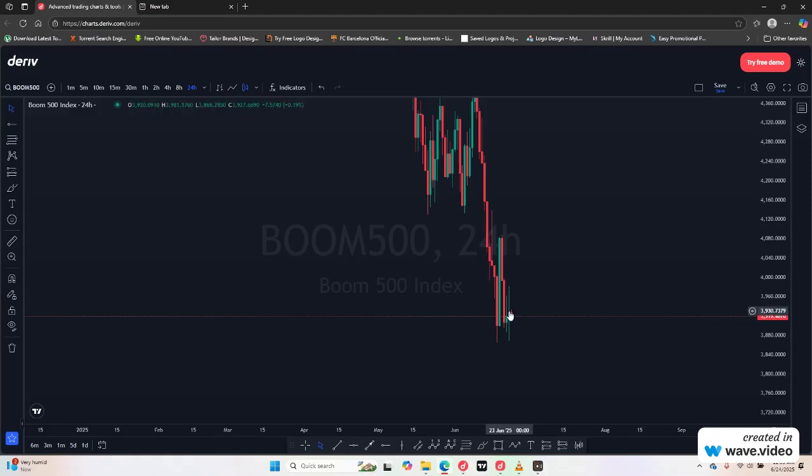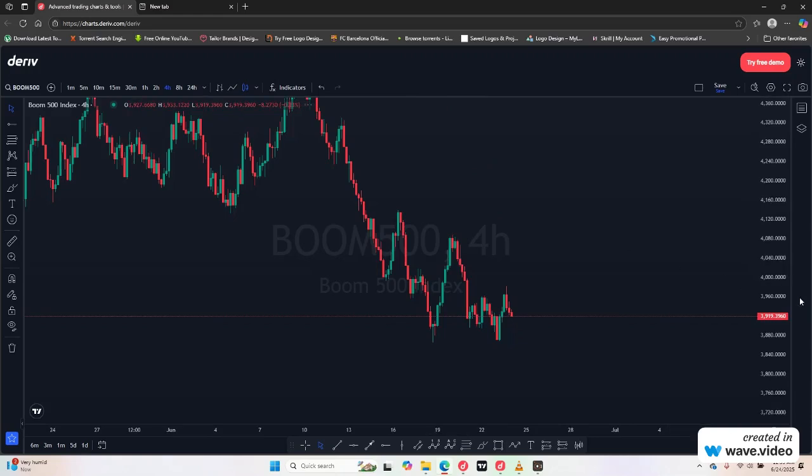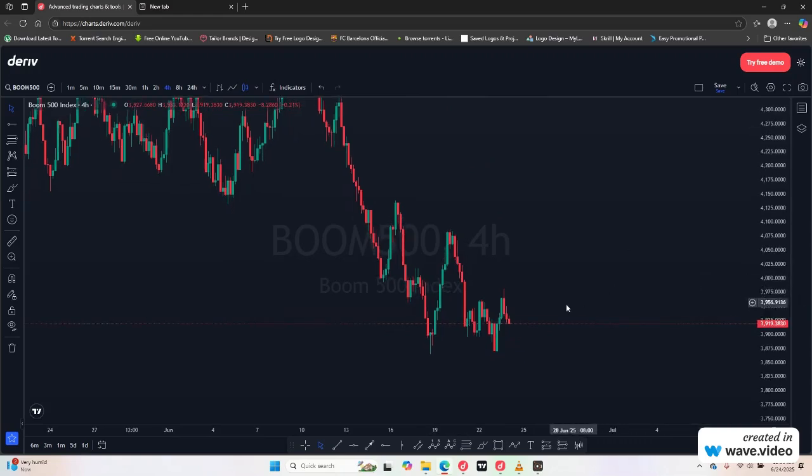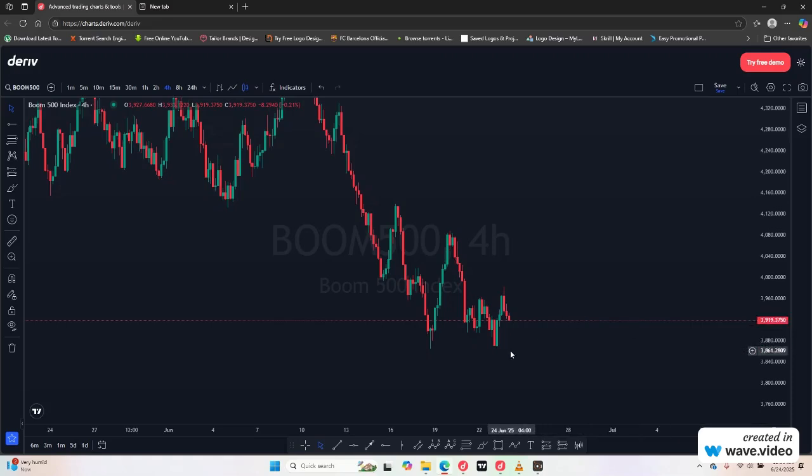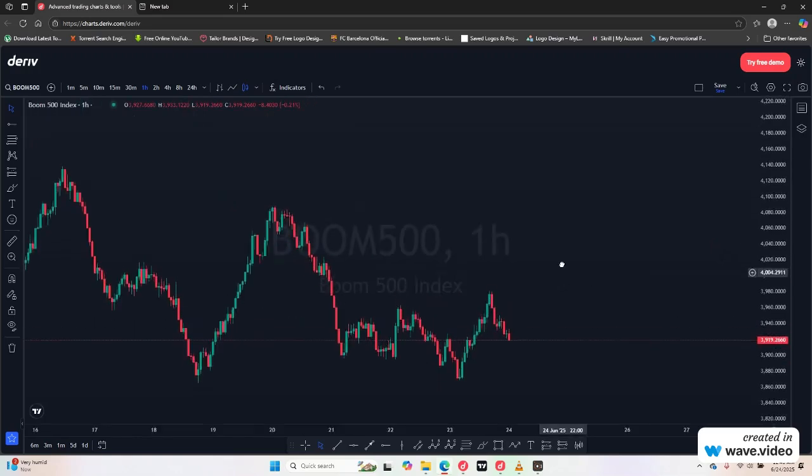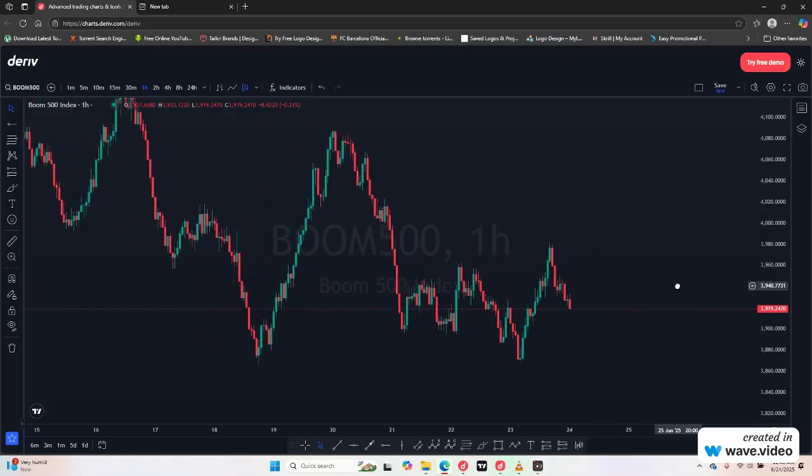So what's your expectation now? Looking at this on the 4-hour time frame, ladies and gentlemen, we expect, after filling this imbalance, there's a level of imbalance, after this candle fills it, we are expecting something like this for this pair, which is similar to the Boom 300 index that we just analyzed.